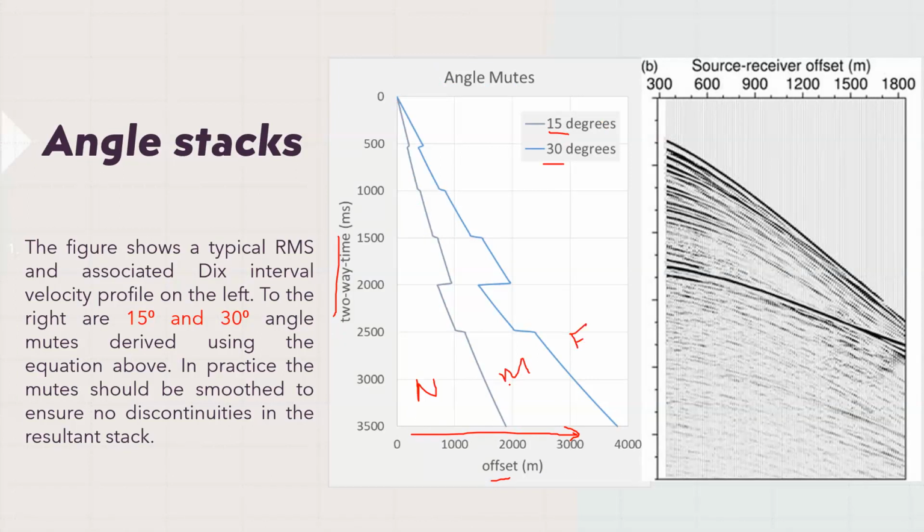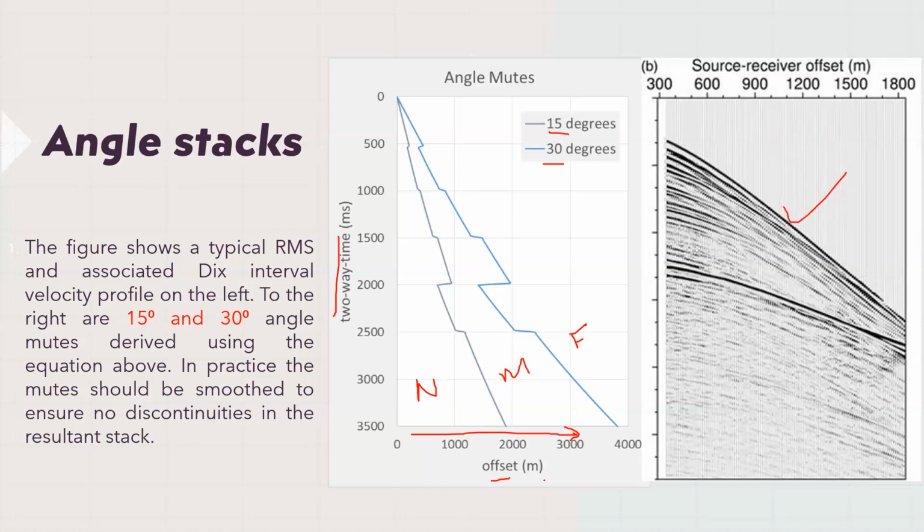But in industry, we actually use multiple offset stacks. It's not based only on 15 degrees, 30, and above 30; you can divide it into 5 degrees, 10 degrees, and any other degrees you want. That is normally used for more detailed study. On the right side, this is the real seismic.